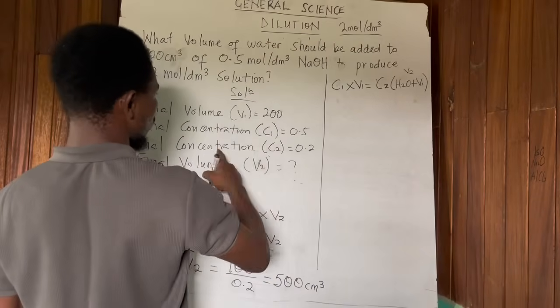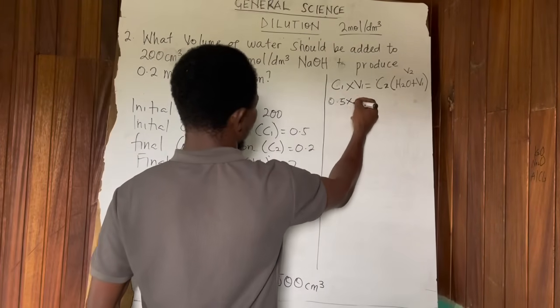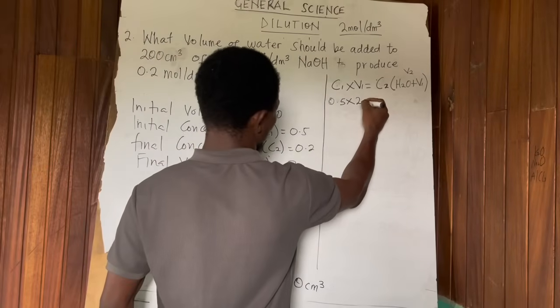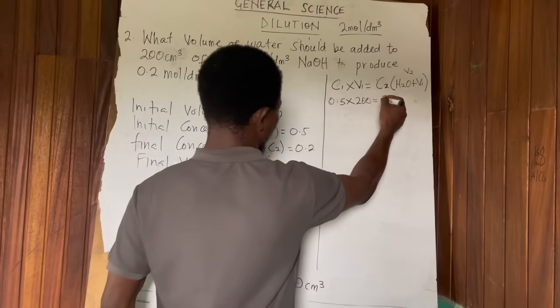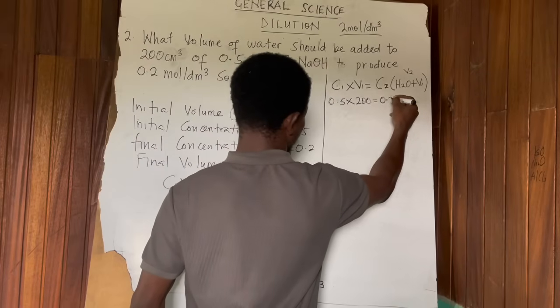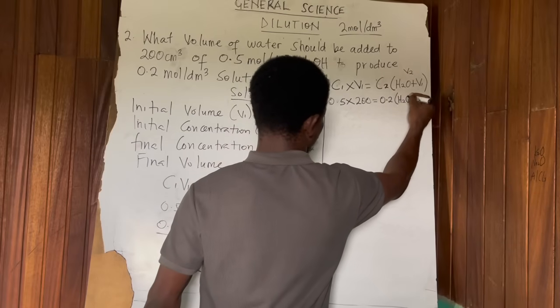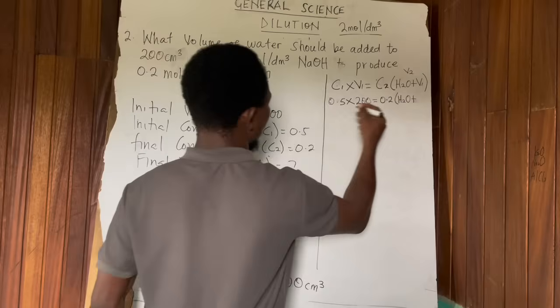So C1 here is 0.5 times our V1 here, which is 200, is equal to our C2, 0.2, multiplying our amount of water added plus our initial volume, 200.